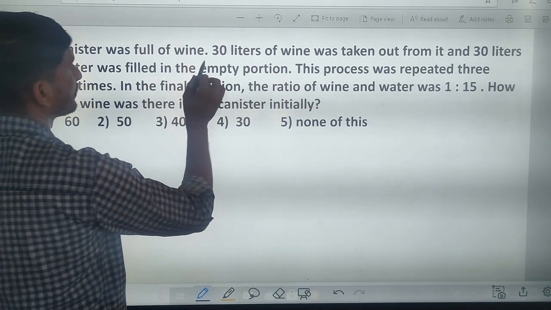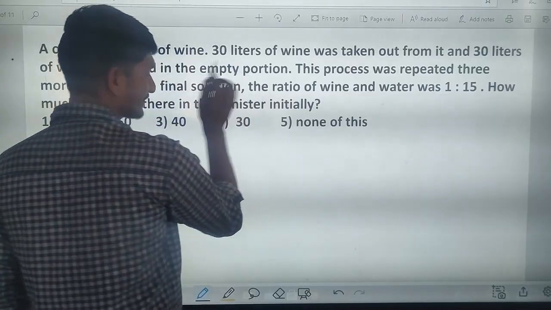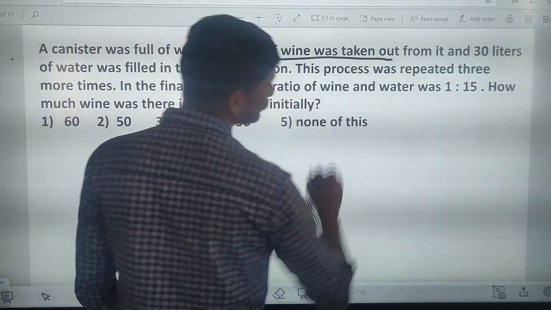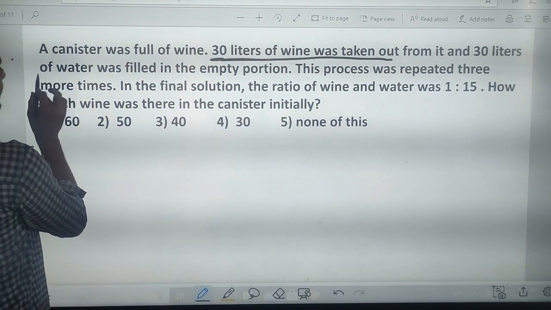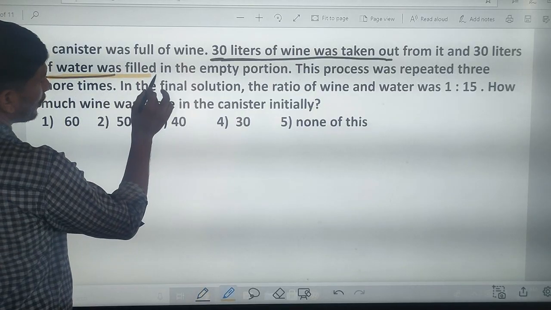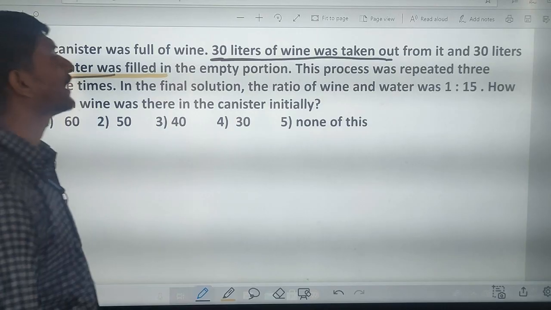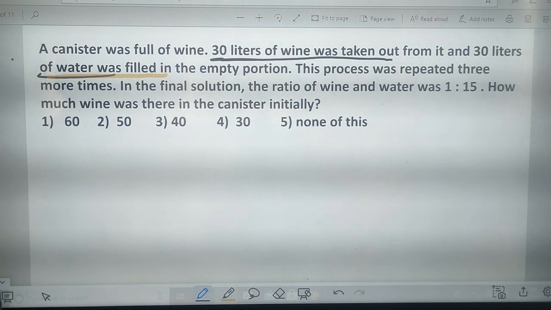Full of wine. 30 liters of wine was taken out. Here is the same type of example. 30 liters of wine was taken out from it and 30 liters of water was filled in the empty portion. This process was repeated 3 more times.